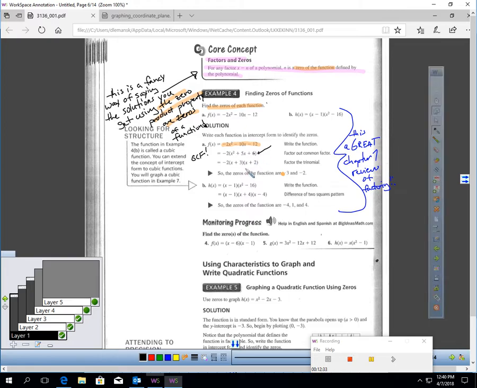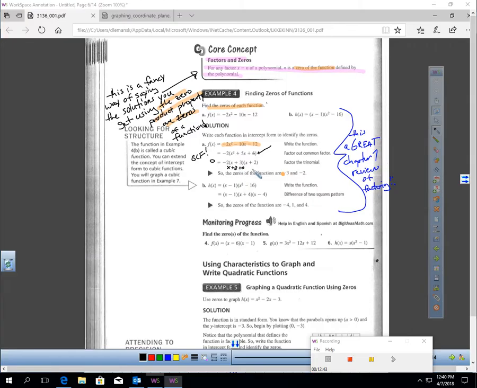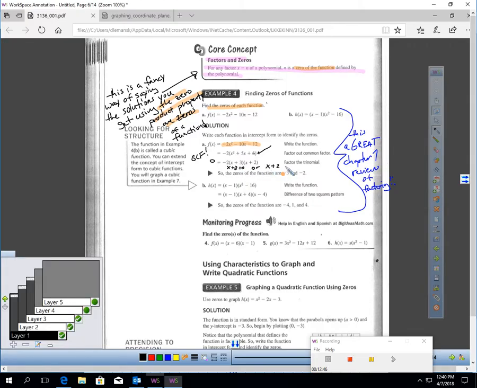What times what is 6 and adds up to 5? Well, 3 and 2. We're making this equal to 0. So we know x plus 3 has to equal 0, or x plus 2 has to equal 0. And if I take away 3, one solution is negative 3. And if I take away 2, another solution is negative 2. That's why negative 3 and negative 2 are called zeros of this function.